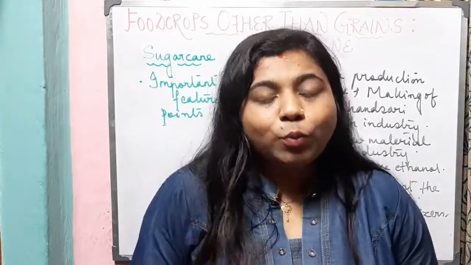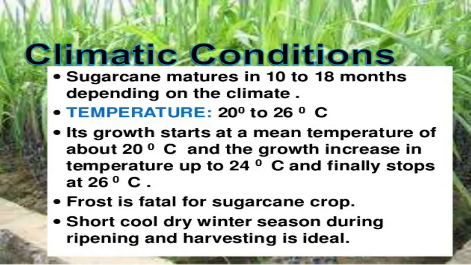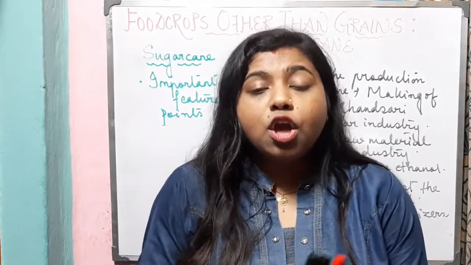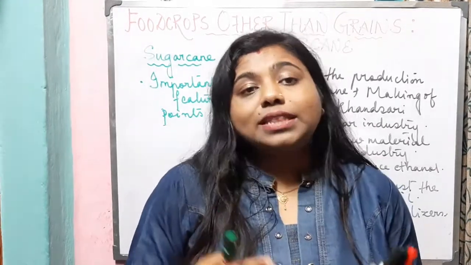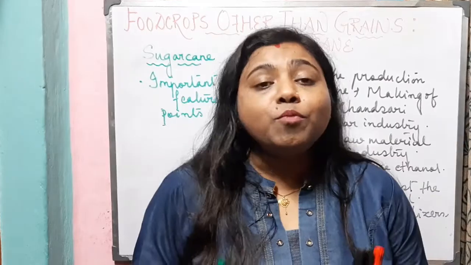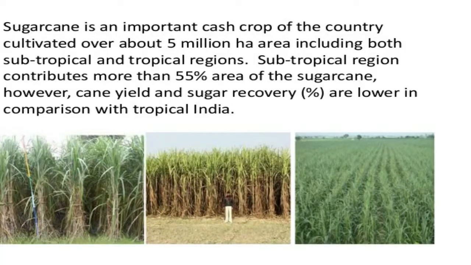In this video, we discussed which type of crop is sugarcane, which are the climatic conditions required for the growth of sugarcane, what amount of rainfall is suitable, what type of soil is preferred, which are the areas where sugarcane is cultivated, which states dominate in the production of sugarcane, and the most important and key points that we must remember while we read about sugarcane.